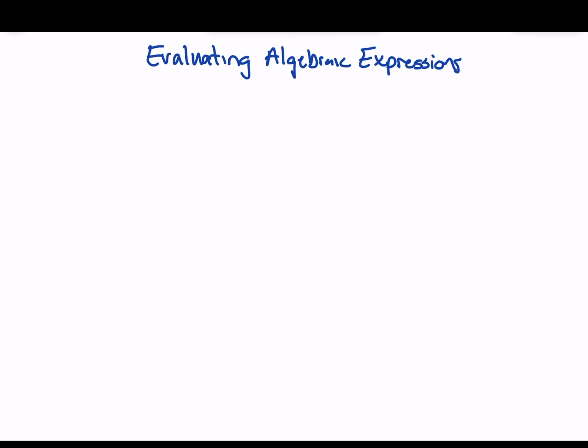Let's talk now about evaluating algebraic expressions. So as you saw in the last slide, an algebraic expression is a combination of variables and numbers using operations. Those operations could be addition, subtraction, multiplication, division, powers, roots, any number of things. Okay, so if we want to evaluate an algebraic expression, here are the steps.